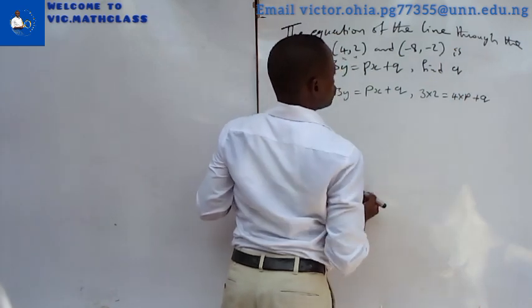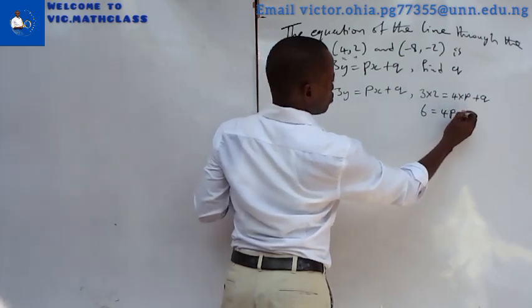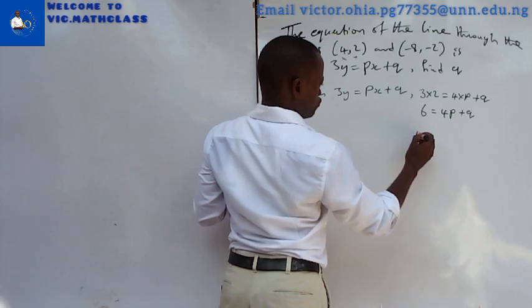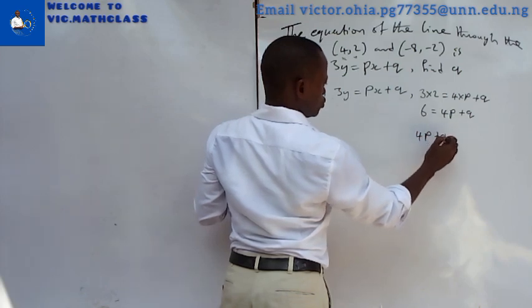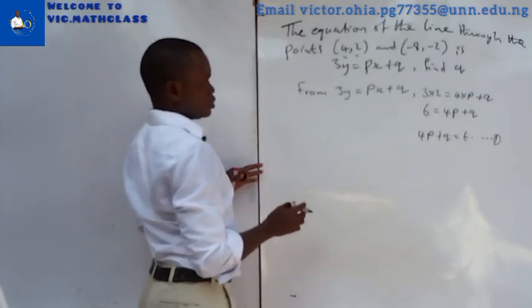So this is 6 equals 4p plus q. I can rewrite it as 4p plus q equals 6. Call it equation 1.